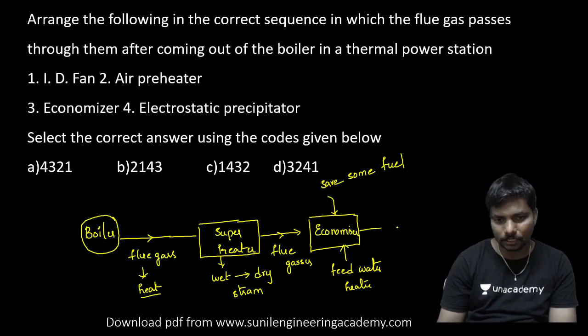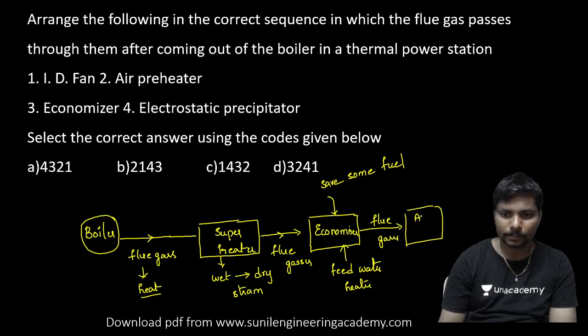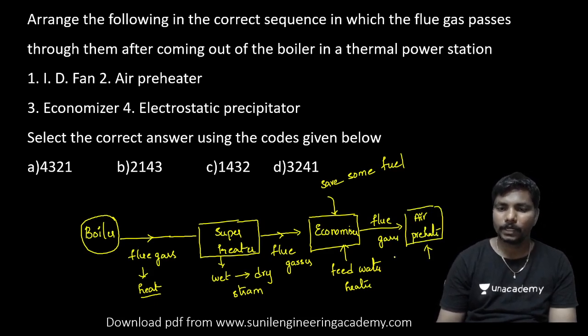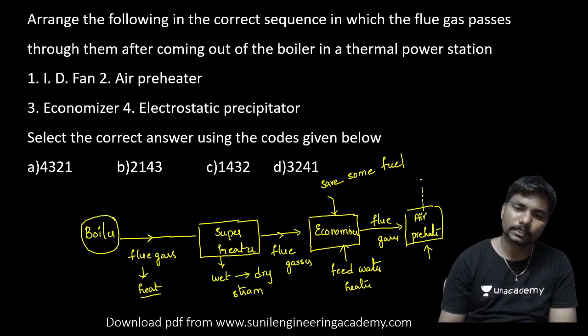And still the flue gases have heat. So those flue gases will enter into the air preheater. Okay, so air enters into the air preheater, and that air is heated by these flue gases. That air will be sent to the boiler.